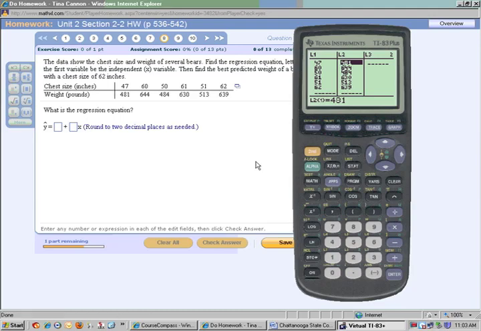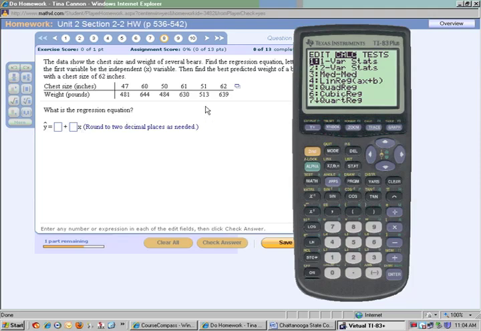Now, to find our regression equation, we want to look under statistics to see if there is a linear correlation. I'm first going to push Stat, move over to Calculate, and if you notice the form that our equation is in, the X is on the second number.